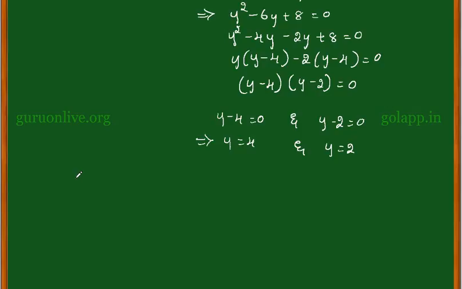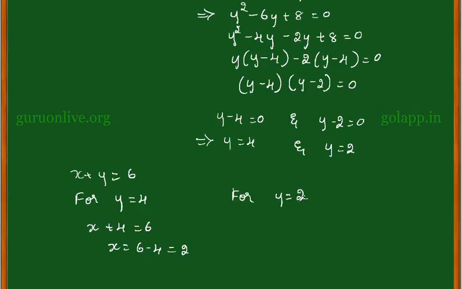So we have the equation x plus y equal to 6. For y equal to 4, x plus 4 is equal to 6. I get x is equal to 6 minus 4, which is equal to 2. Then for y equal to 2, x plus 2 is equal to 6.